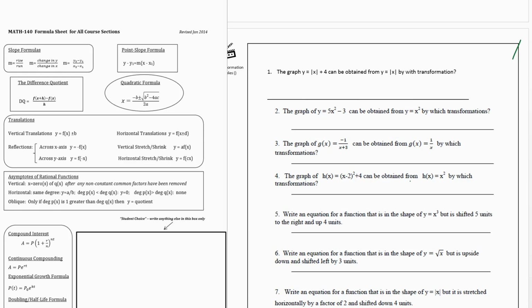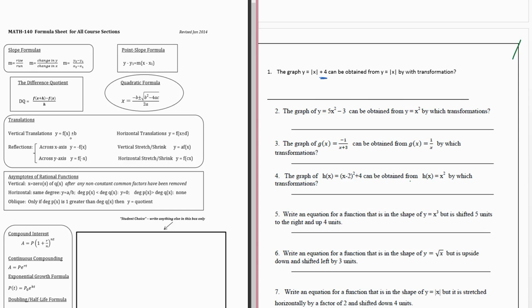Okay, so number 1 says the graph of y equals the absolute value of x plus 4 can be obtained from y equals absolute value of x by, that should say, which transformation. So here we're adding something to the end, right? The thing that's different is this plus 4. So if we look over on the formula sheet, where are we adding something to the end? And here it's a vertical translation.